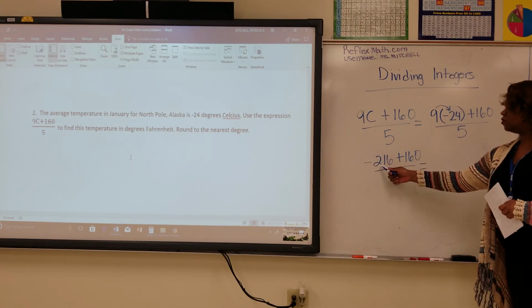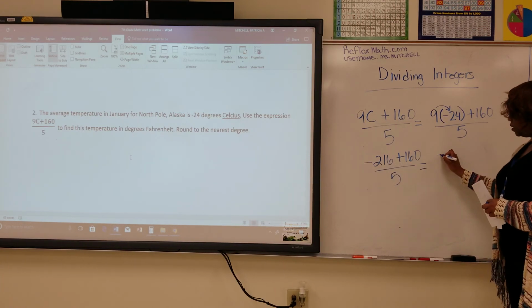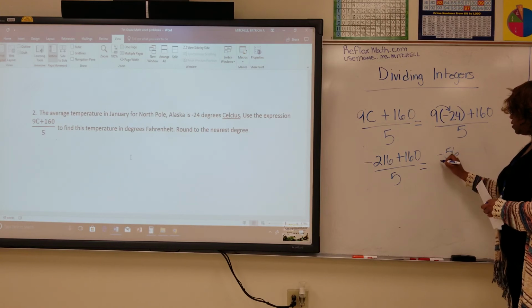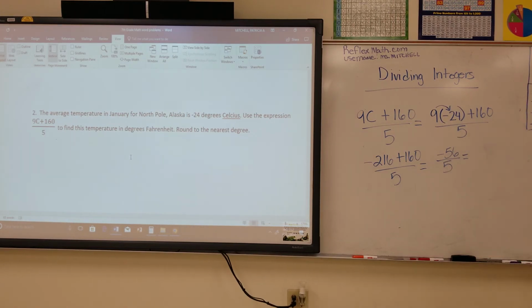Now, negative 216 plus 160 will then give you negative 56 divided by 5. And now, since this is an improper fraction, we now have to divide it. Negative 56 divided by 5 will give you negative 11.2.